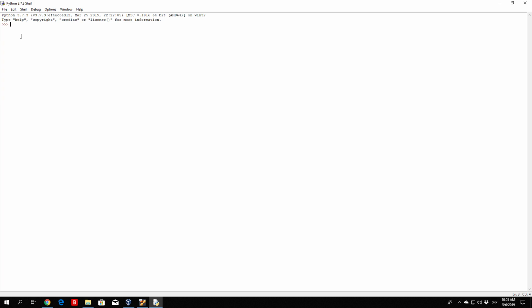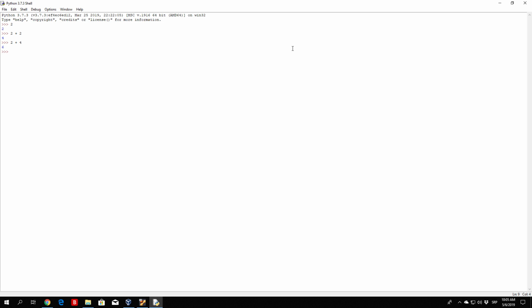So first of all, you can look at the IDLE as a big calculator. For example, if you just type here 2, it will print 2. But if you type 2 plus 2, it will print 4. So it basically performs a simple addition with the specified numbers. Of course, that can be any other number, such as 2 plus 4 is 6.